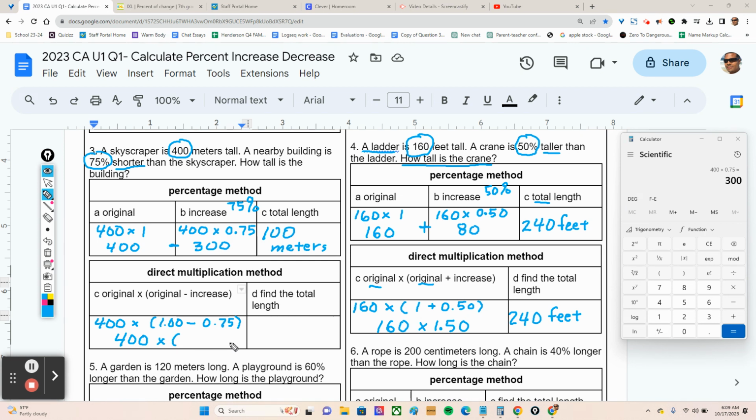What is that? 0.25. Then you multiply that out and you should get 100. 25% of 400 is 100. 400 times 0.25 equals 100 meters.